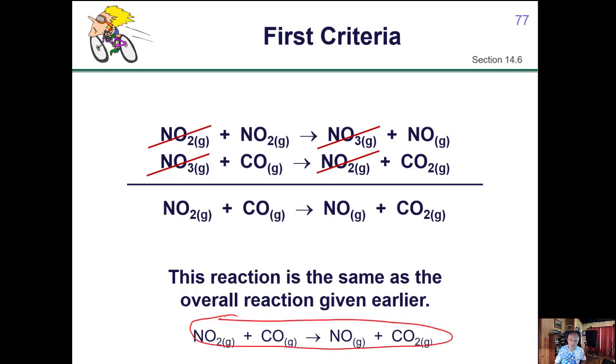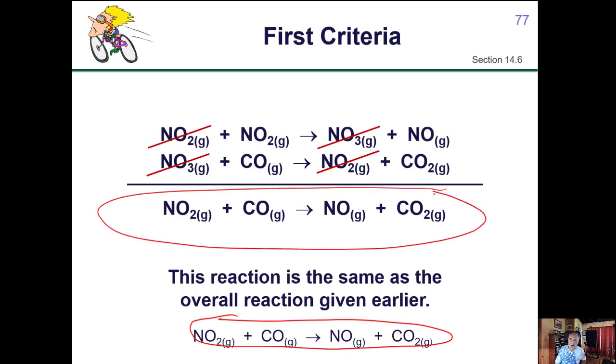Okay, this reaction and this reaction are the same. So we have met criteria number 1, that the sum of the elementary steps is equal to the overall reaction. That's stoichiometrically balanced.